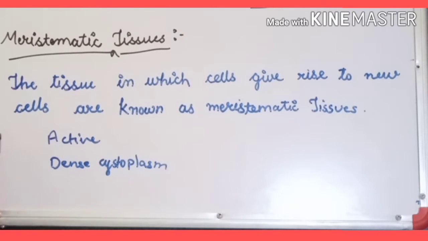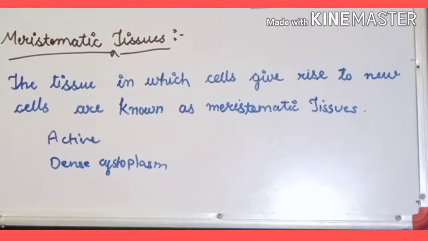That is what the meristematic tissue does. One more point: lack of vacuole. They do not have a central vacuole, because what does a vacuole do? Storage. And storage is not at all needed in the meristematic tissue, that is why vacuoles are lacking.